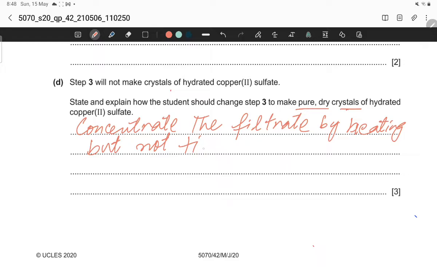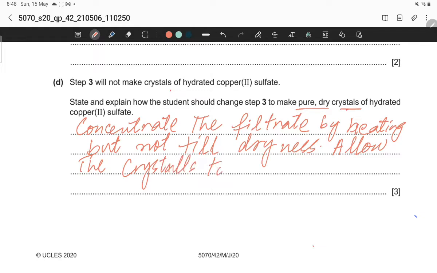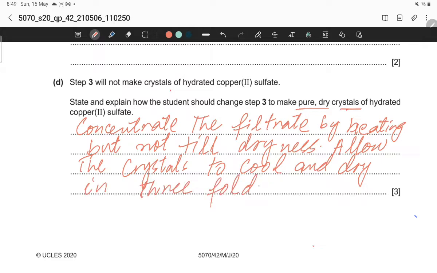You can write down till saturation point or till crystallization point, but not till dryness. Allow the crystals to cool, and dry in folds of filter paper.